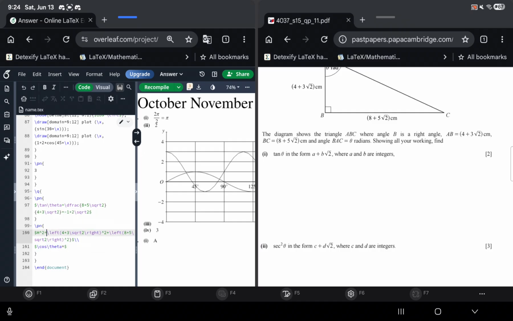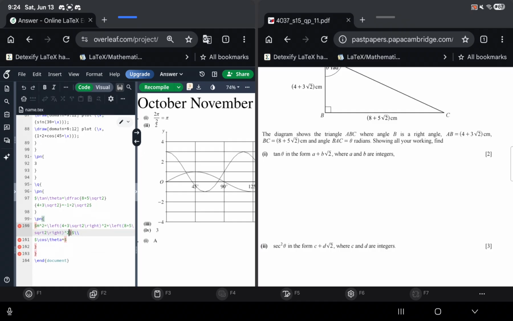H squared. Why are we squaring this even? So h squared is this value, equal to a fraction, this is 4 plus 3 square root of 2, I made the same mistake again, over h.